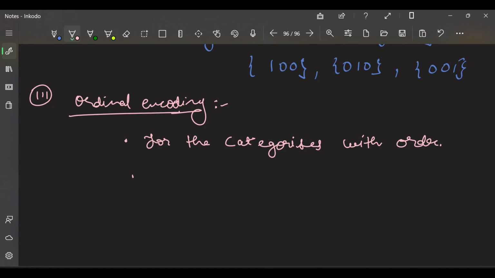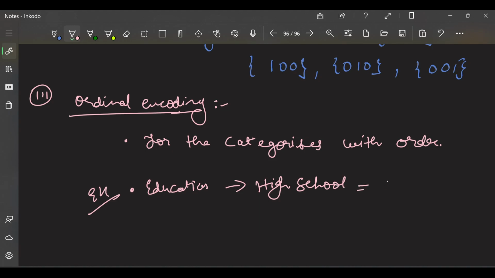Example, education: for high school you will write 1, graduate you will write 2, and postgraduate you will write 3. So this is how there is one order on which you are assigning some numerical value.